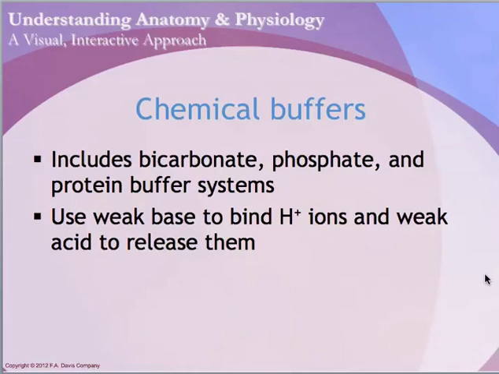Or they can do the opposite. They can take a weak acid and bind to a strong base, and make a weaker base. So either way, they're buffering these strong acids or strong bases to have less of an effect on the pH of the blood. That's why they're called the buffer systems.